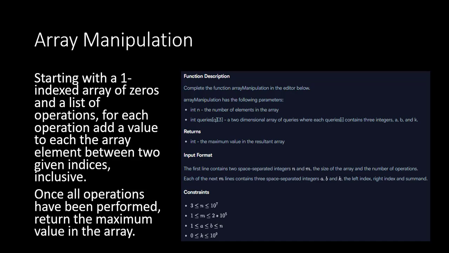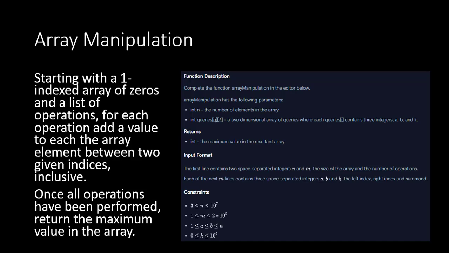Let's say it's a 2D array, and the first element will tell what is the starting index, the second will tell what is the ending index, and the third would be what number we are going to add on these indexes from A to B, including both as well. And once all the operations are done, we need to return the max value in the array. Quite interesting, but it's fun solving this, so you will understand it.